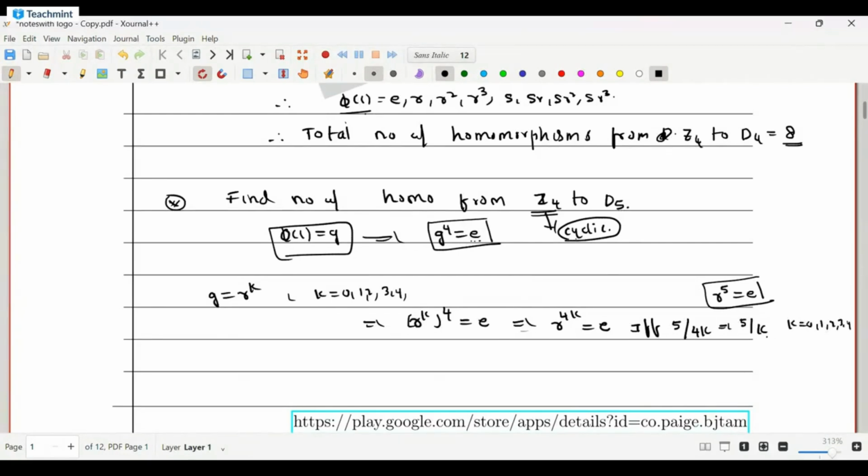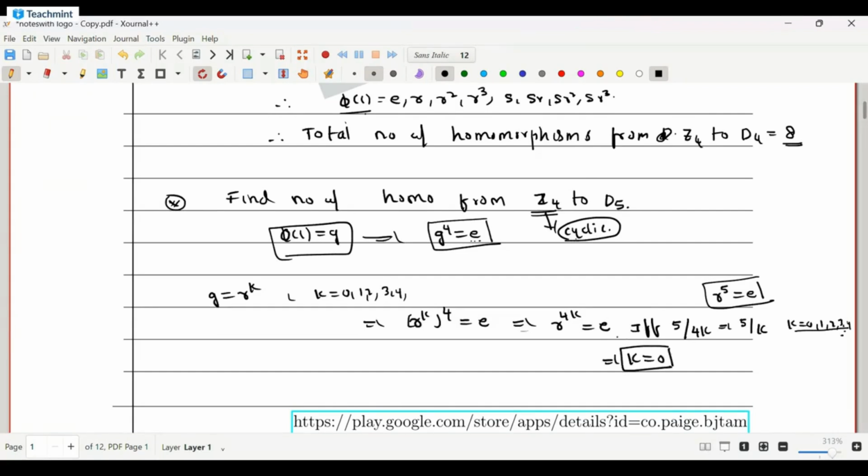So K is equal to 0 to 4 మధ్యన 5 ని డివైడ్ చేసే ఎలిమెంట్స్ ఏమున్నాయి? 0నే. So therefore K only possibility is sir, K is equal to 0, sir, not 1.